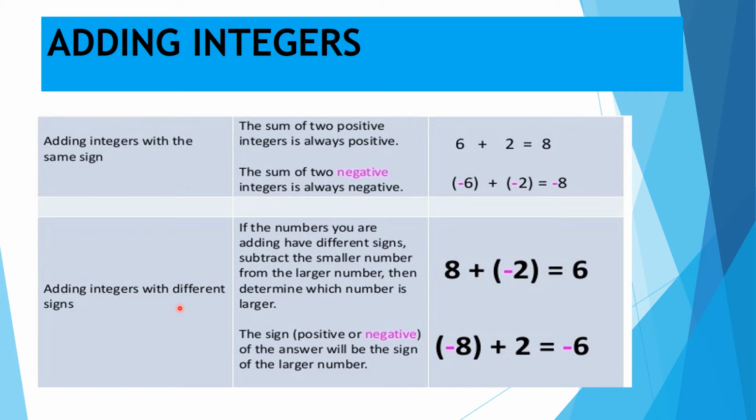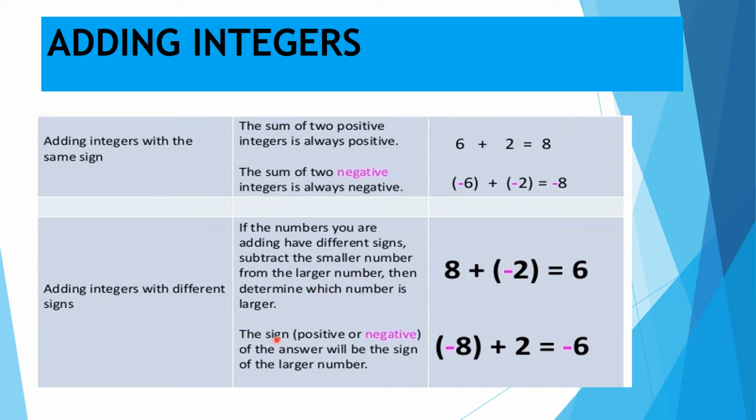Now here adding integers with different signs. Now one is having addition and one is having subtraction, then what to do? If the numbers you are adding have different signs, subtract the smaller number from the larger number, then determine which number is larger.